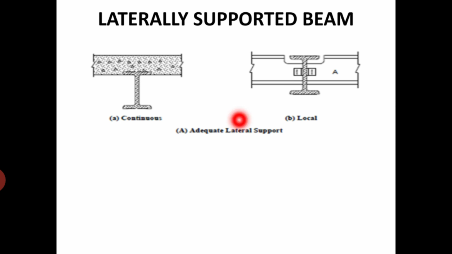like this. If you provide adequate lateral restraint like this, then if the restraints are provided to the beam in the plane of the compression flange, such beams are called laterally restrained beams.